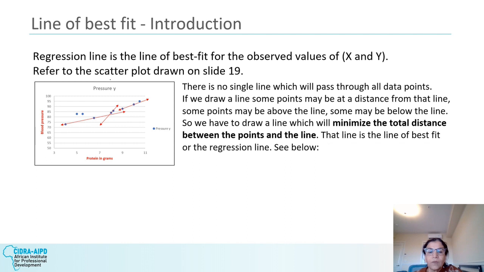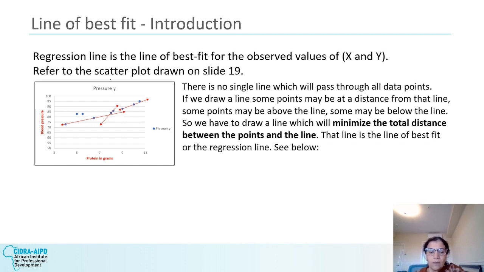If we draw a line, some points may be at a distance from the line. Some points may be above the line, some may be below the line. So we have to draw a line which will minimize the total distance between the points and the line. And that will be the line of best fit. And that is the regression line as well.